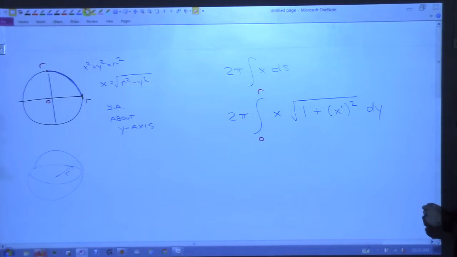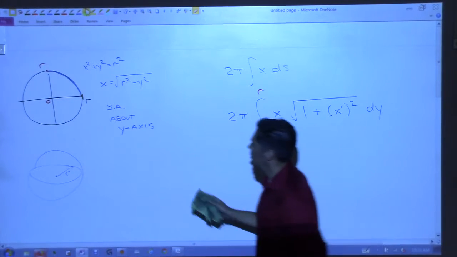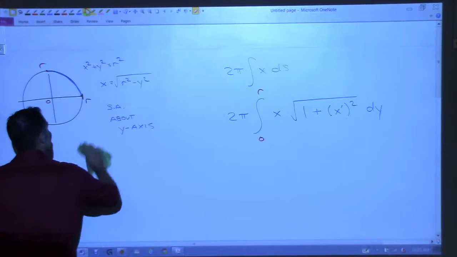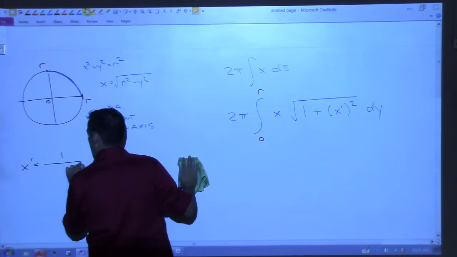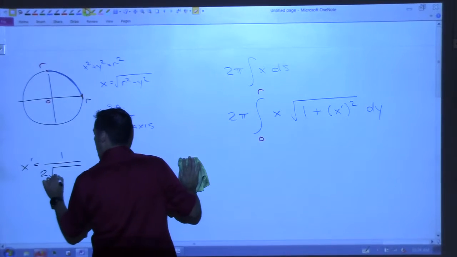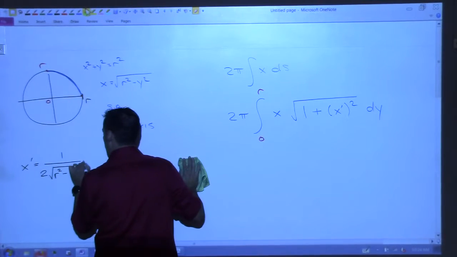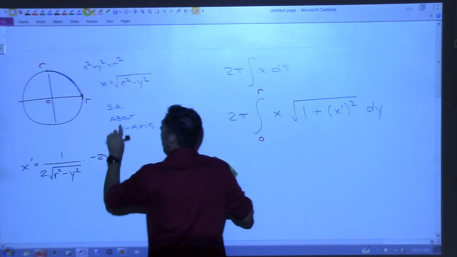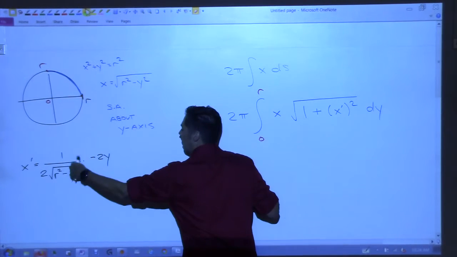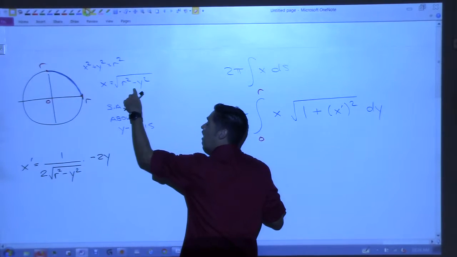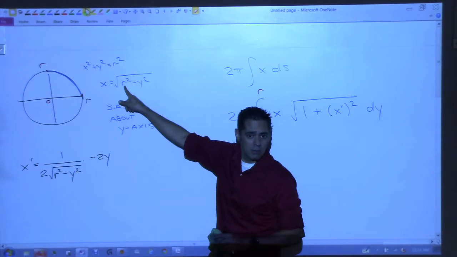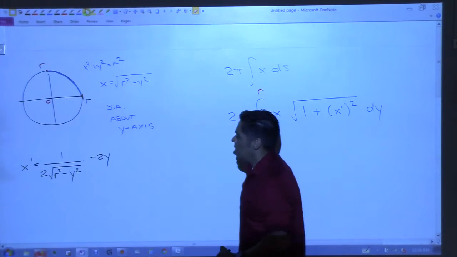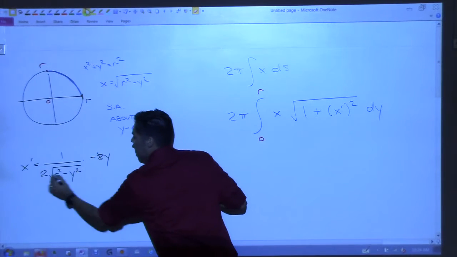Let's work on this part right now. So what is the derivative of x with respect to y? It's 1 over 2 root r squared minus y squared times negative 2y. So I'm doing derivative of the square root of something is that, times the derivative of what's inside with respect to y, because the derivative of r squared is 0, since r is a constant. And then this 2 and this 2 cancel.